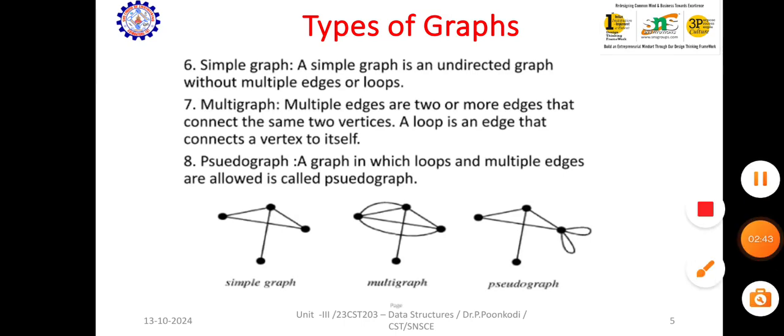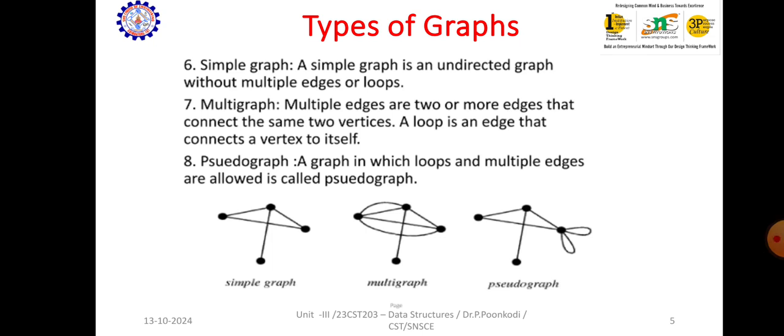Then next one is the simple graph, multigraph and pseudograph. The simple graph is an undirected graph without multiple edges. Okay, for that the example is given. Then the multigraph means it has multiple edges. Say for example, you can consider the first dot.